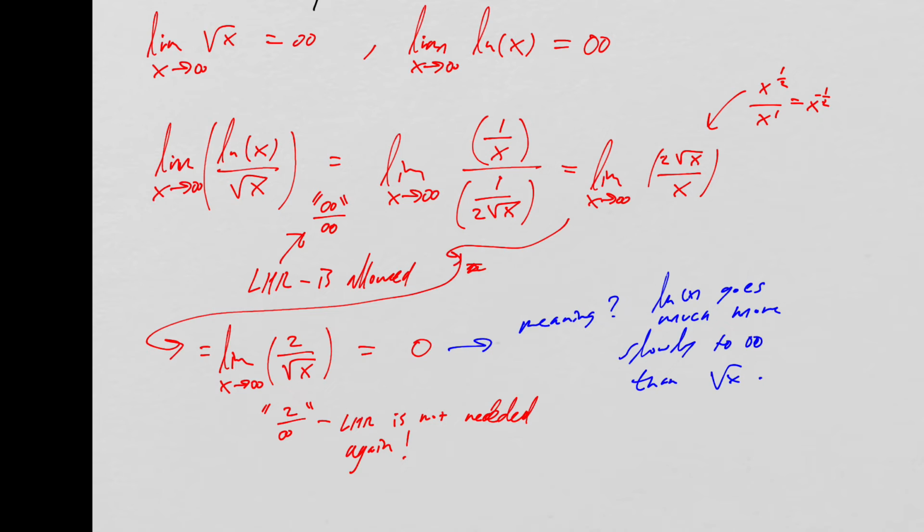All right. Okay. Cool. So now what I want to do is, of course, go to another page. And now let's examine the next limit. Let's look at the limit as x goes to 1 from the positive side of natural log of x over root x. So we know that the limit as x goes to 1 from the positive side of natural log of x is going to be 0.